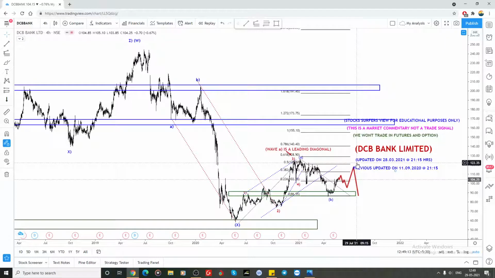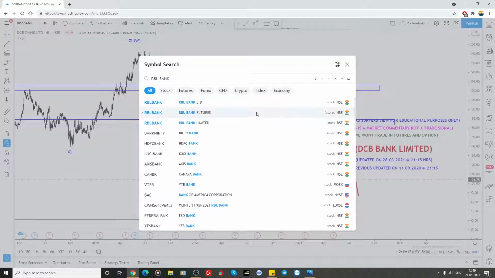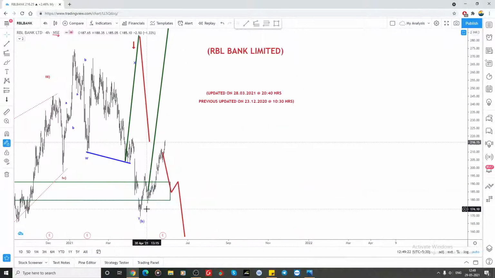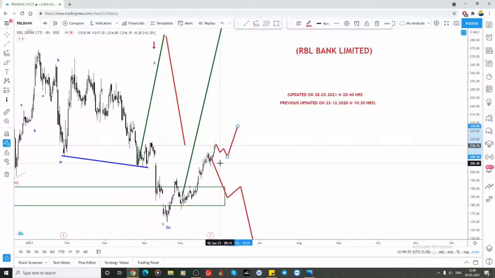So let's see RBL. Same, no change here. It's looking like A, B, 1 2 3 4 5 structures got completed. So whether it is going to make a five-wave structure, again a three-wave structure to the downside, and again if it did like this, that will become 1 2 3 4 and 5.